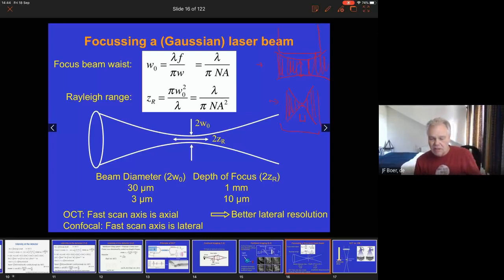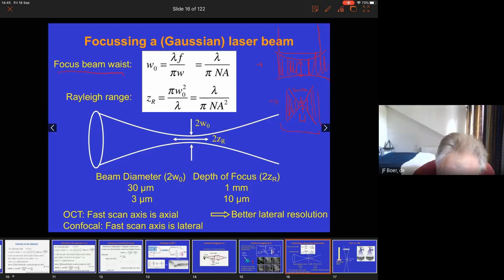But the thing is that the size of the focus, how narrow you focus here, and the length over which that focus is maintained is correlated. From Gaussian optics, we call that the focus beam waist.